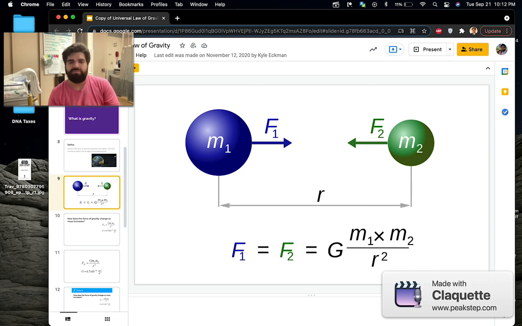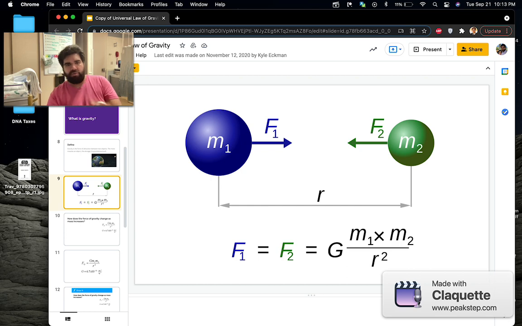So you have those two forces, those two masses, and you have a radius r. When I'm measuring r, it's from the center of one mass to the center of the other. If I were to measure the radius r between me and the Earth, it would be the center of the Earth to my center of gravity, or my center of mass. So that's how that's measured.